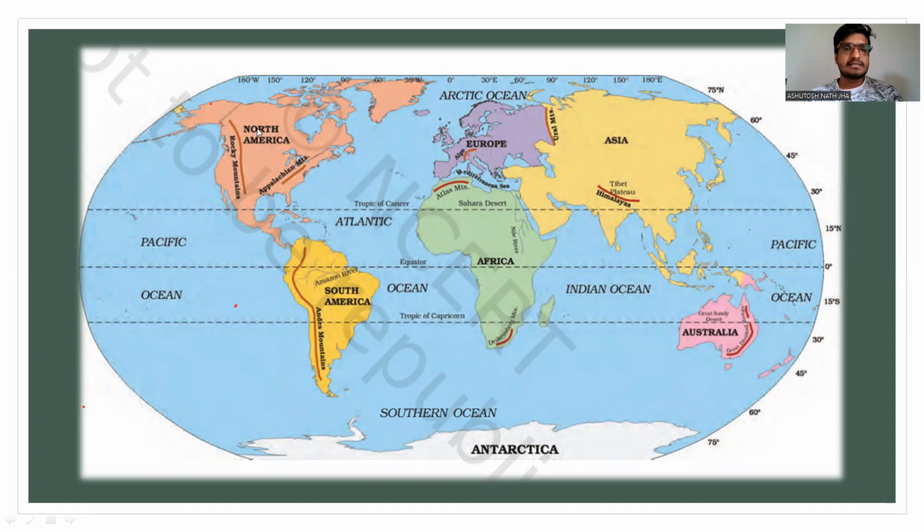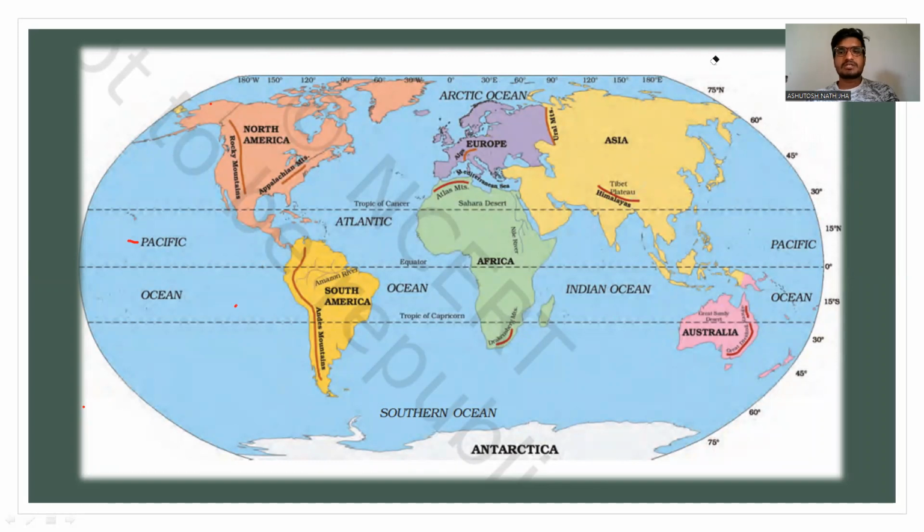We can see North America, South America, as well as Asia, and then Australia, Europe. So all these continents over there, and also oceans, like the Pacific Ocean, the Indian Ocean. So yes, good observation, students.